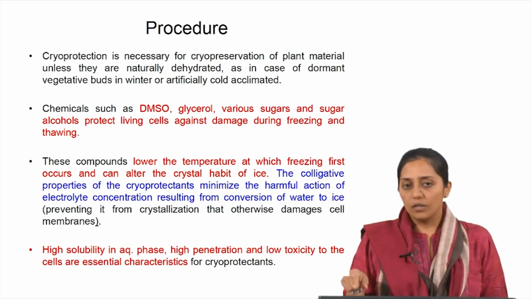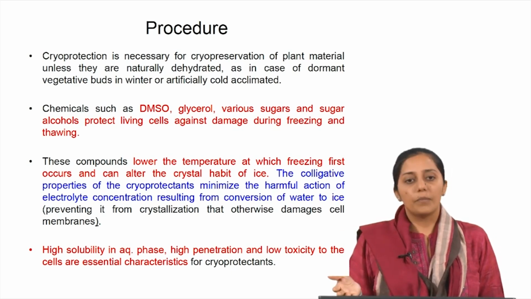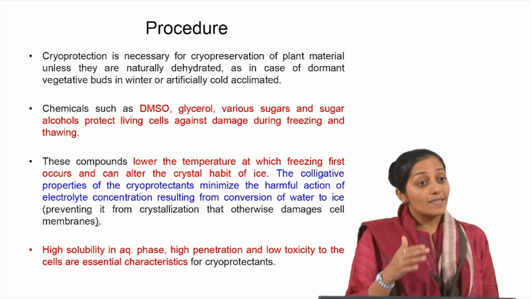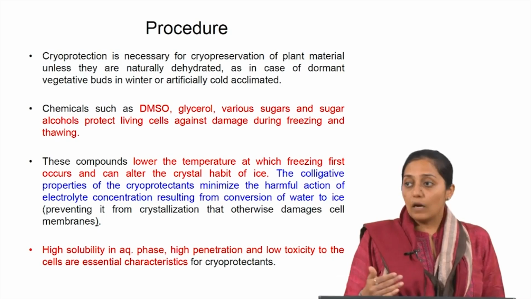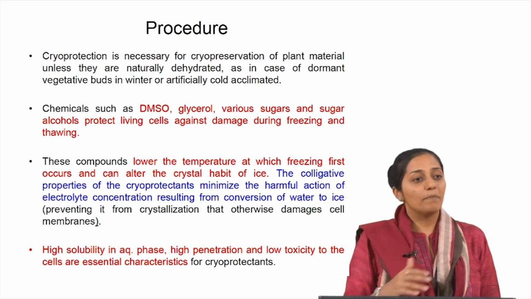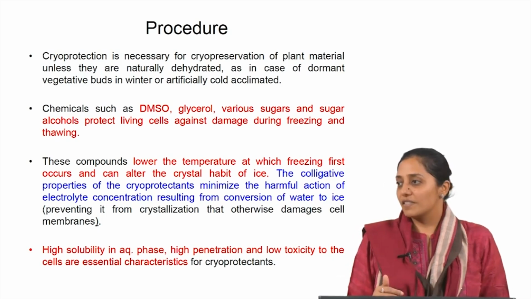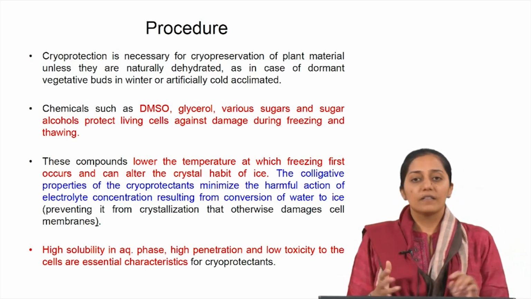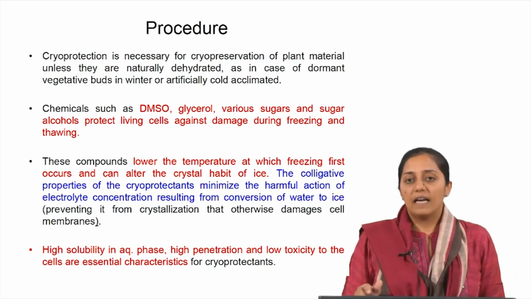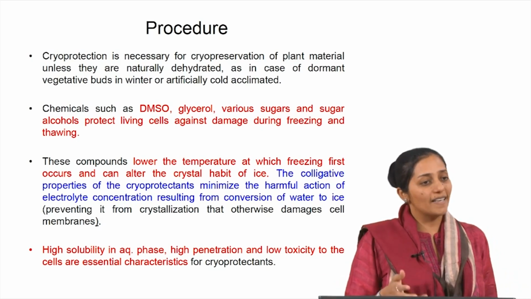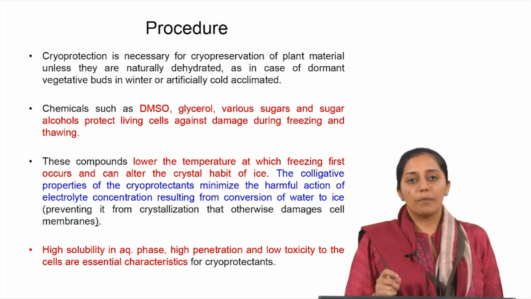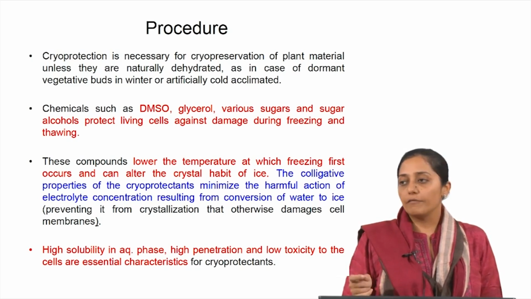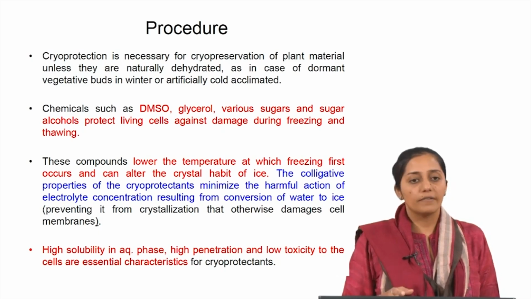You increase the solute concentration, and the freezing point of the solution reduces. The same thing happens here. You lower the freezing point of water by adding certain agents like sugars. So it lowers the temperature at which freezing would first occur and can even alter the crystal structure of ice. So the colligative properties of the cryoprotectants minimize the harmful effect of the crystallization of ice.